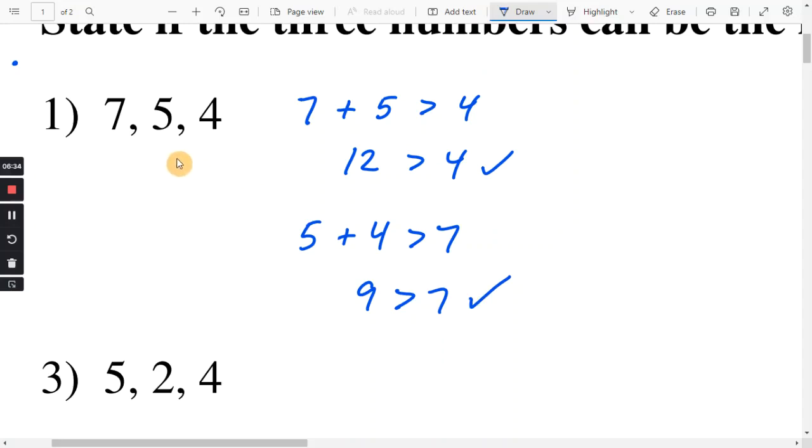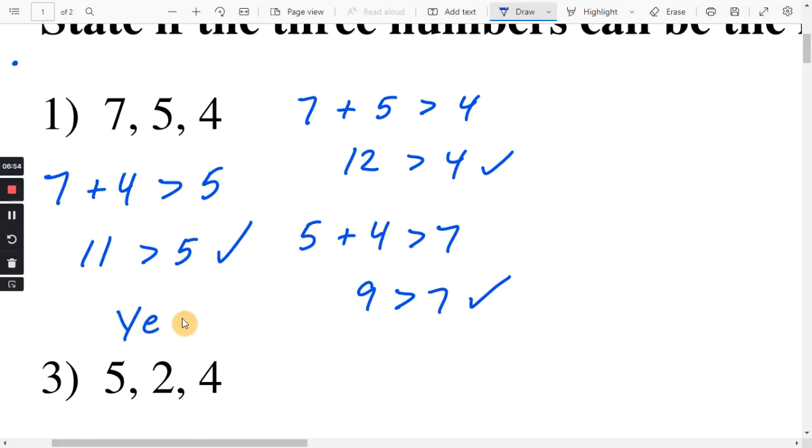Okay, and finally, we did 7, 5. We did 5 and 4. Now let's do 7 and 4. Is 7 plus 4 greater than 5? Well, that's just 11 greater than 5. And that one's true. So since all three are true, the answer is yes.